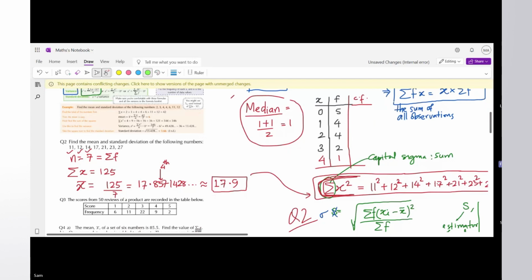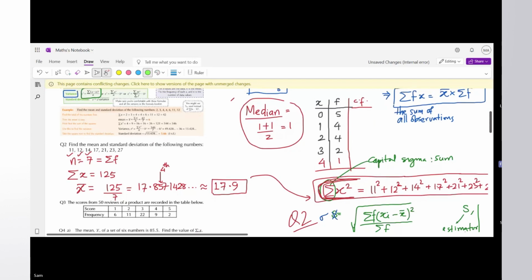So we are doing 11 squared is 121, 12 squared, 14 squared, 17 squared, 21 squared, 23 squared, 27 squared.